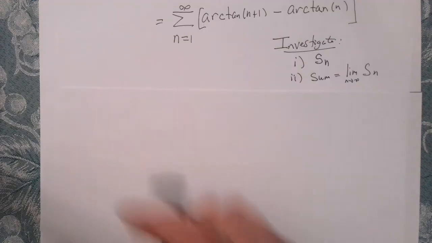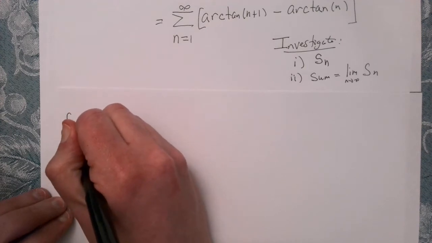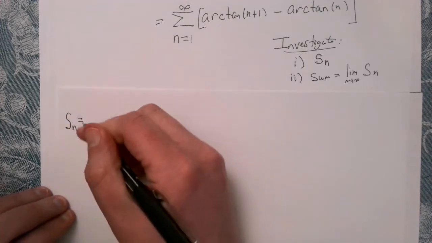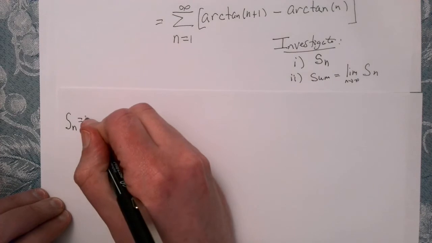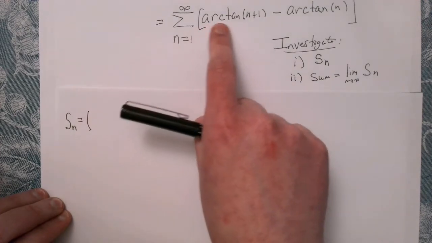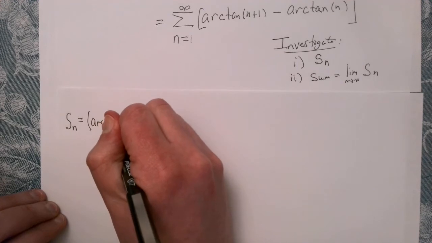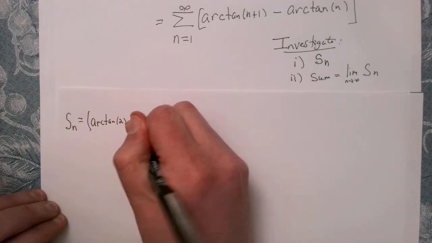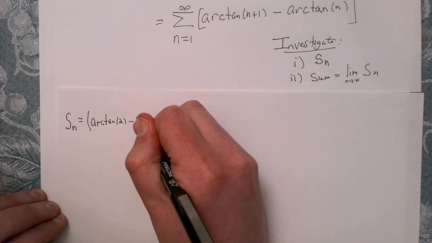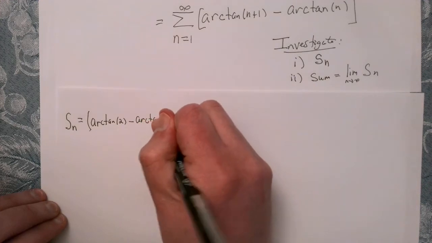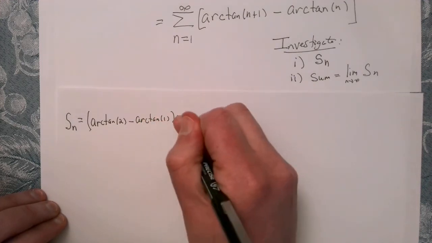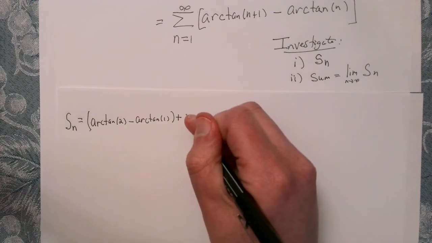All right, so S sub n. Okay, so first I plug 1 in. So this will be arctan of 2 minus the arctan of 1 plus, now I'm going to plug 2 in.